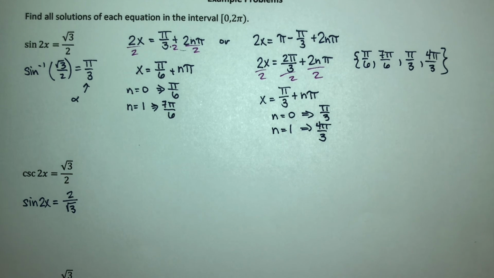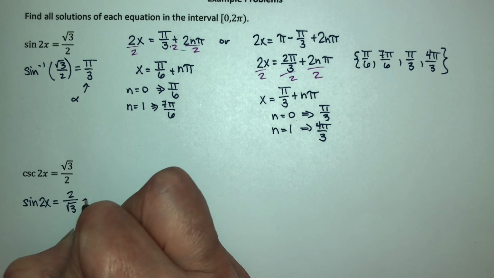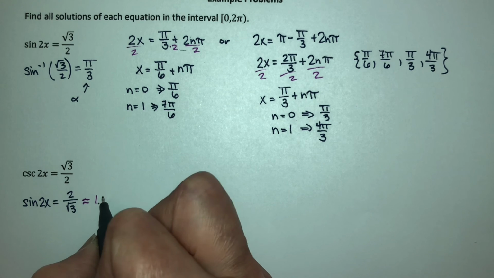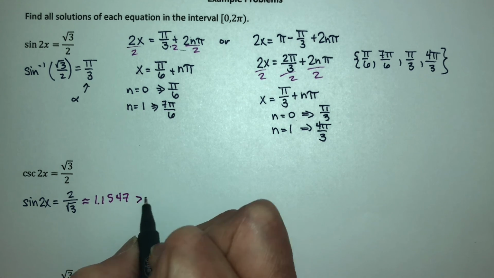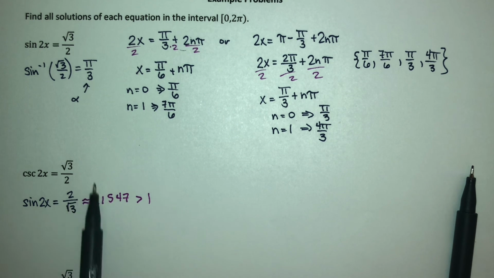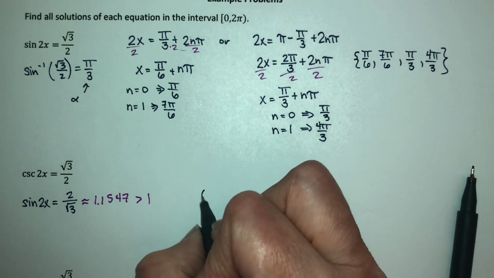But right now we have an issue because 2 divided by the square root of 3 is approximately 1.1547, which is greater than 1, and we don't get sine values greater than 1. So if you try to find inverse sine of this value, you're going to get an error because it doesn't exist. This has no solution.